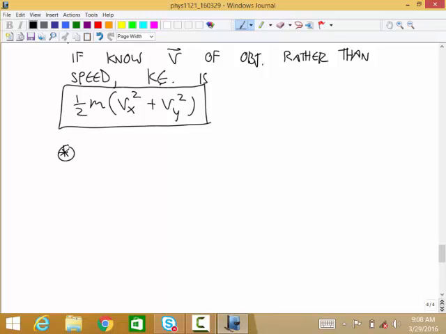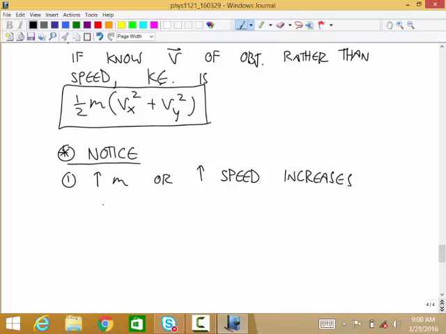Okay, so a couple things to notice about kinetic energy. The first thing is increasing the mass or increasing the speed increases kinetic energy just like it does for momentum, just like it does for linear momentum.